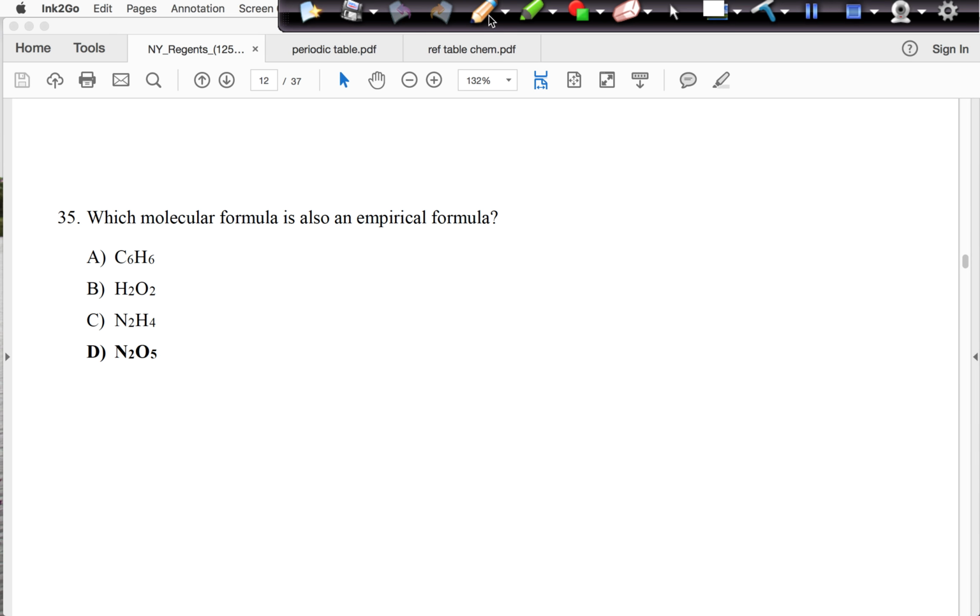Which molecular formula is also an empirical formula? Remember, molecular tells us exactly what is in the molecule. The empirical is the reduced form of the formula. So C6H6 can still be further reduced because we can divide by 6 and get C1H1 or just CH.